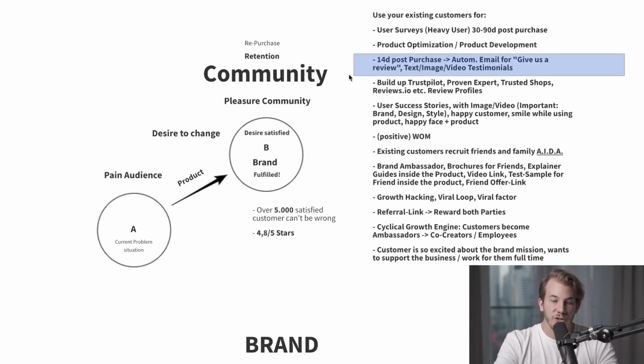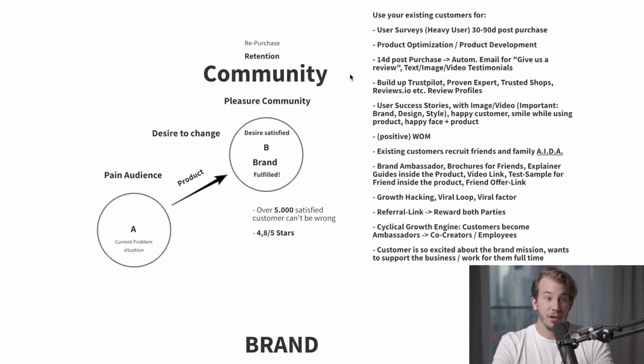Of course, what's just pretty much the norm today is to rank and rate and review these brands where people buy a product. They get asked, hey, give us a 5-star if you like us. If you don't like us, tell us why. All this feeds into this feedback cycle of understanding more and more the customer and creating a customer-centric brand. 14-day post-purchase, automated email, for example, or an automated responder from your platforms, like here, Trusted Shops, Proven Expert, Trustpilot, Reviews.io.